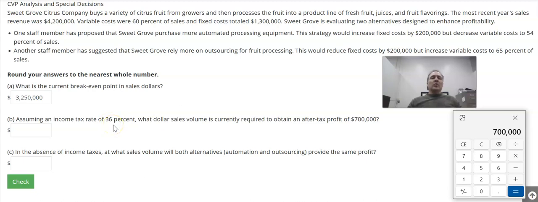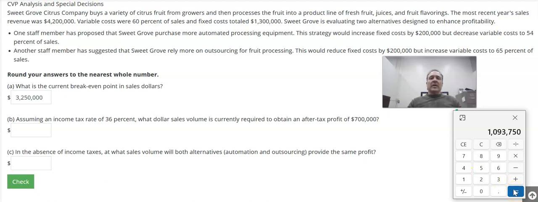So what we're going to do is kind of similar to what we did with the contribution margin ratio, where we took 1 minus the variable cost percentage. What we're going to do here is divide by 1 minus the income tax rate. And so 100 minus 36 is 64, or 0.64. So I'm going to divide that by 0.64.